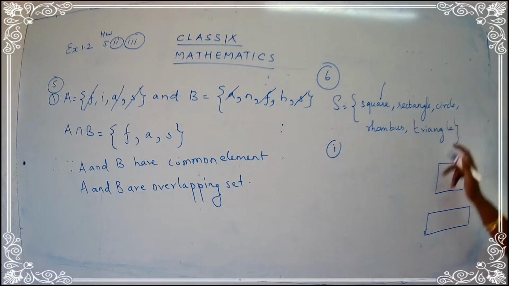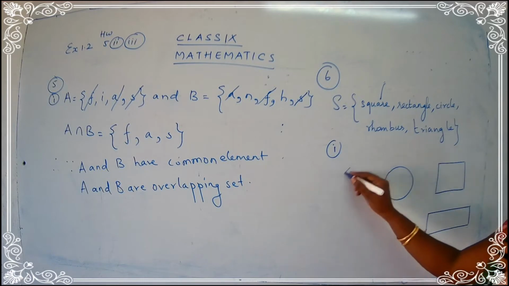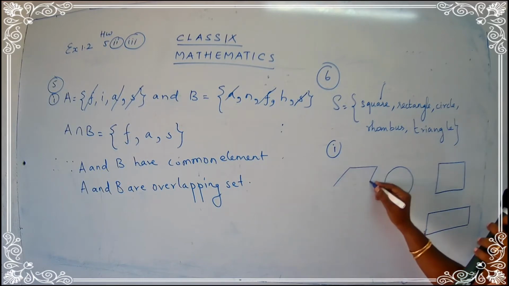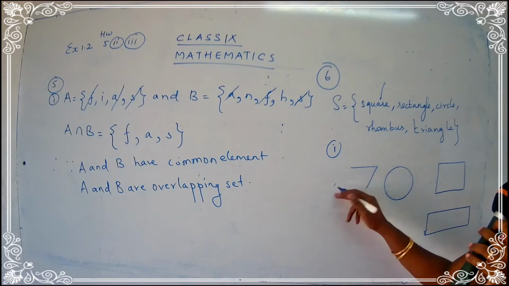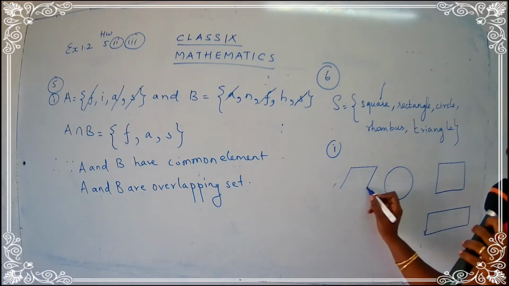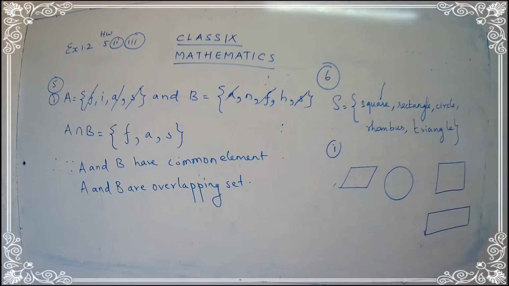The next one is circle. Circle has no sides at all. Coming to rhombus, here again all the 4 sides are equal, children. And triangle, you know about a triangle.